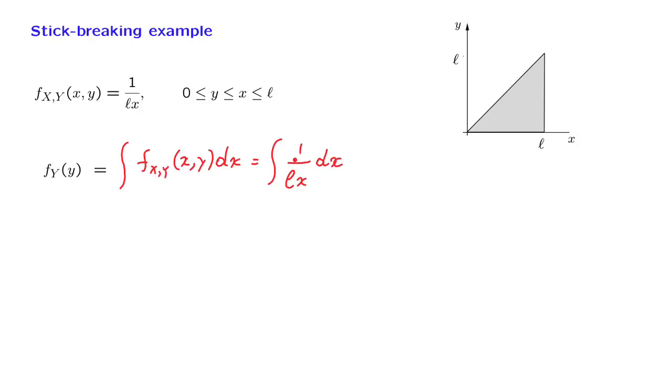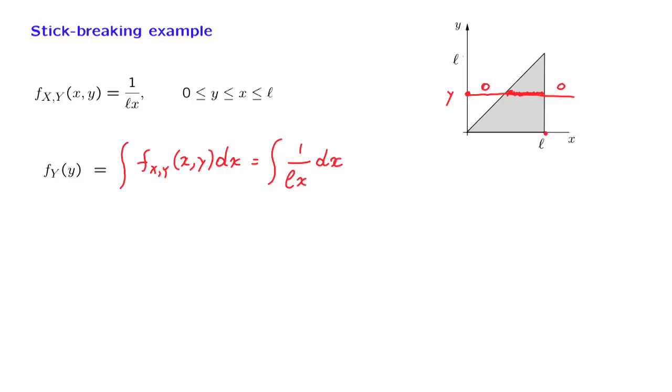Now, what is the range of the integration? If we fix a certain value of y, the joint PDF is actually 0 in this region and in that region, so we should only integrate over x's that correspond to this interval. What is that interval?